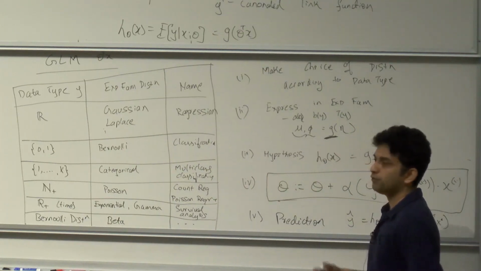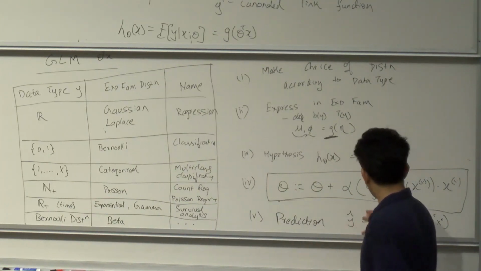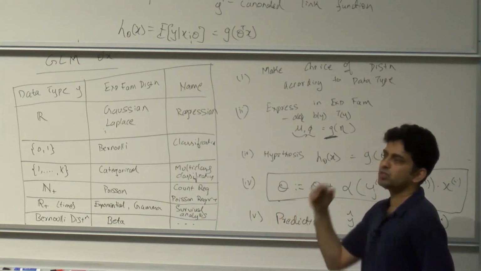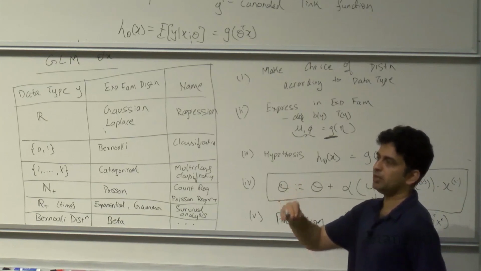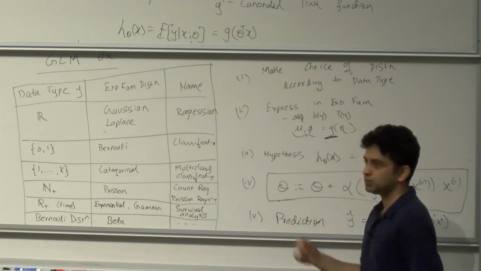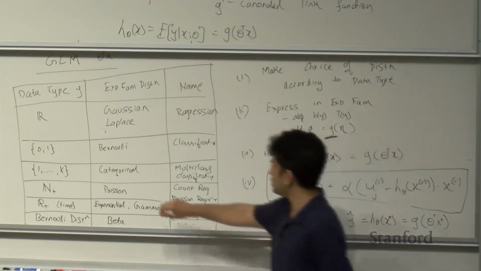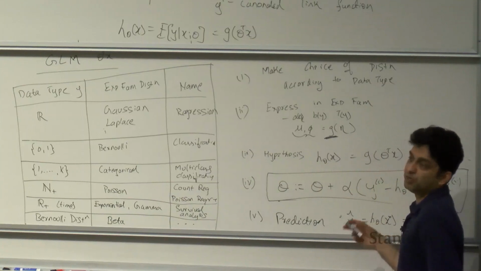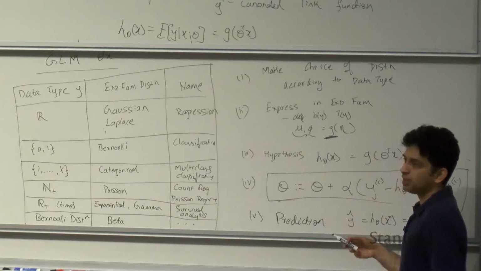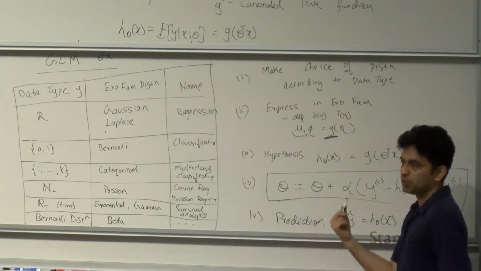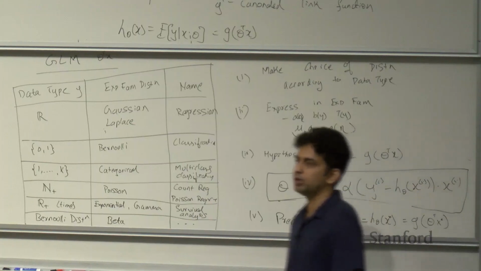For example, for logistic regression, the hypothesis will output a probability value, and then it is up to us to choose some kind of threshold to say, anything above this threshold we classify as positive, and anything below, we classify as negative. And similarly, even for Poisson regression, your data types are going to be counts, but the value that comes out of this is going to be real valued. In which case you can either round it to the nearest integer, or you can just sample from the Poisson. You can do something like that.